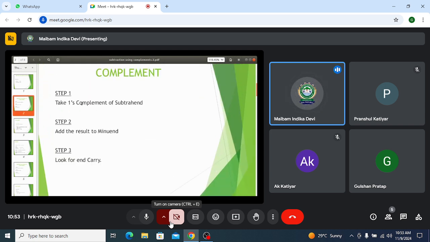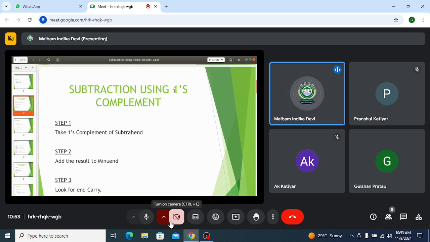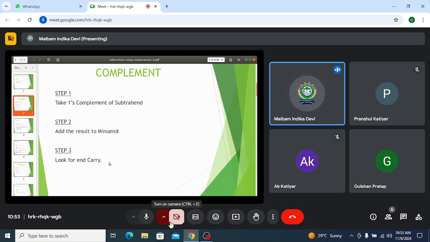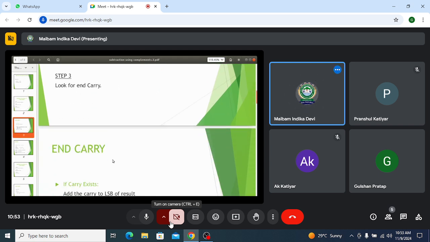Clear? So what are the steps of subtraction using ones complement? You take ones complement of the subtrahend, and you add it with the minuend. You will get a result. In this result, if you have an end carry, you add that end carry to the least significant bit.